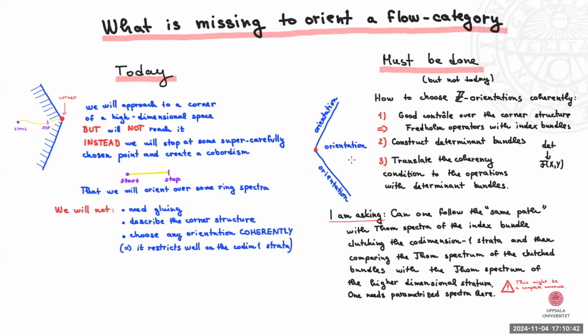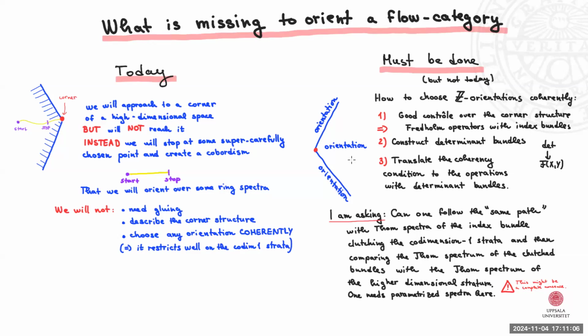And you can ask how to follow a similar path, but much more technically challenging, for Thom spectra. So you've learned from Trygve the last time what a Thom spectrum is, hopefully what an orientation is, and things like that. I will maybe recall what an orientation is, but you need a Thom spectrum for that.